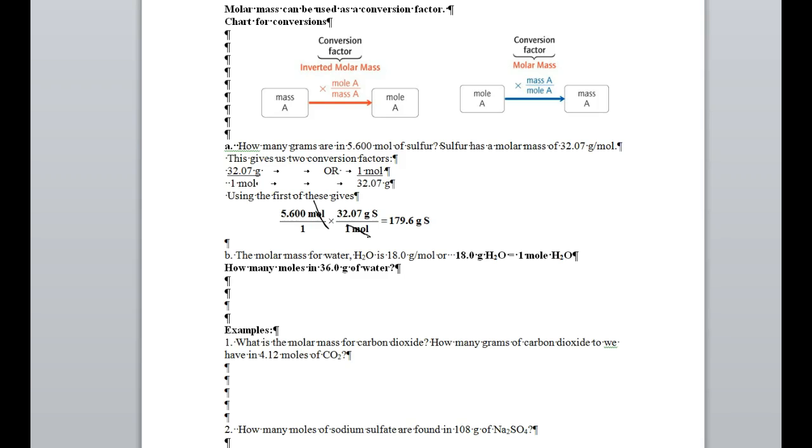Could you set it up as a ratio? Kind of. I might do 1 mole of water per 18 grams. Could I set it up and just put 36 grams down here with X moles? That's one way to do it.